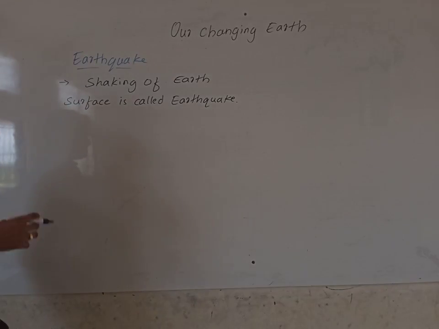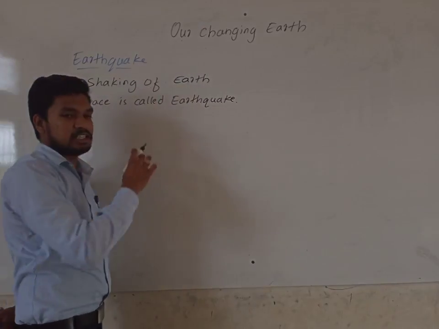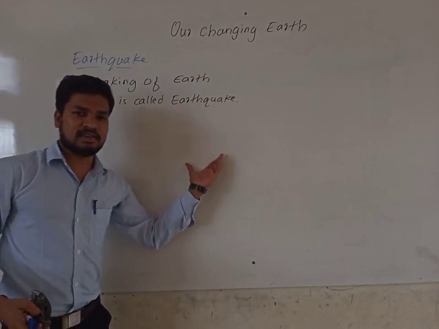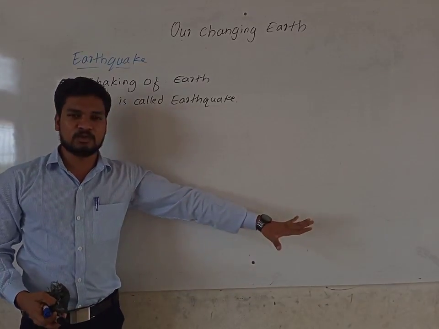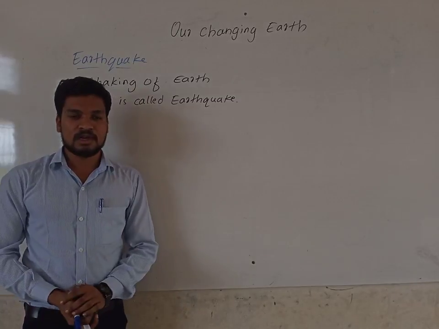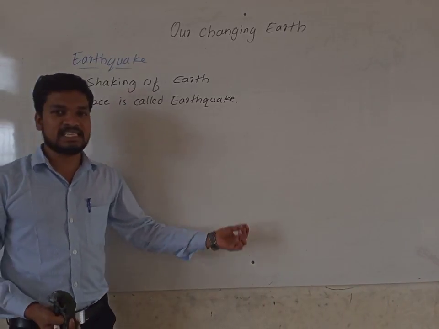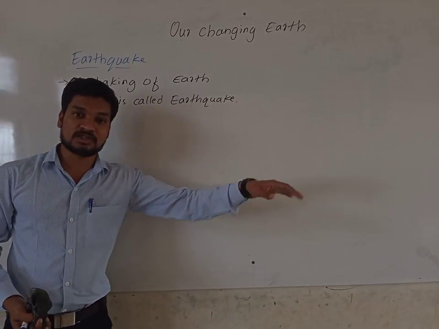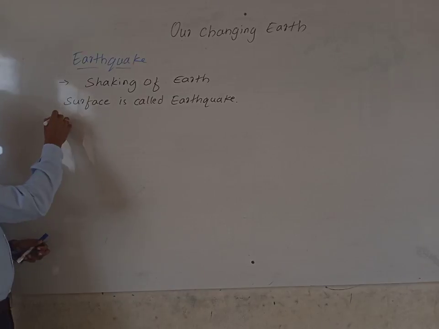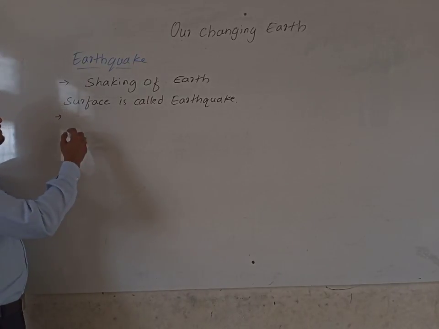So I give a very easy definition for this earthquake. And we have a complicated one: a lithospheric plate when it gets moved or shaken because of endogenic force is called an earthquake, and it destroys things and makes changes on the surface. We have other definitions too, but we'll go for easy definitions.